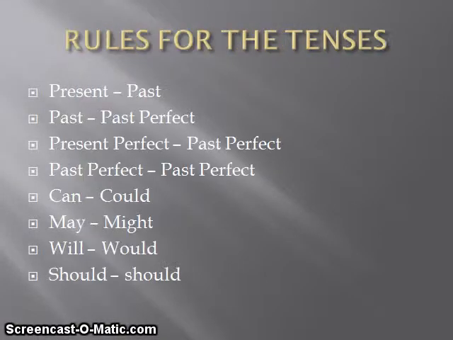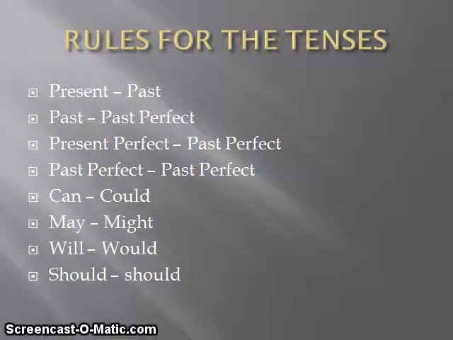So after we review the tenses and the auxiliary verbs, I'm going to give you the rules for these tenses working in reported speech. If you have a sentence in present, it must be changed into past. Sentence in past into past perfect.